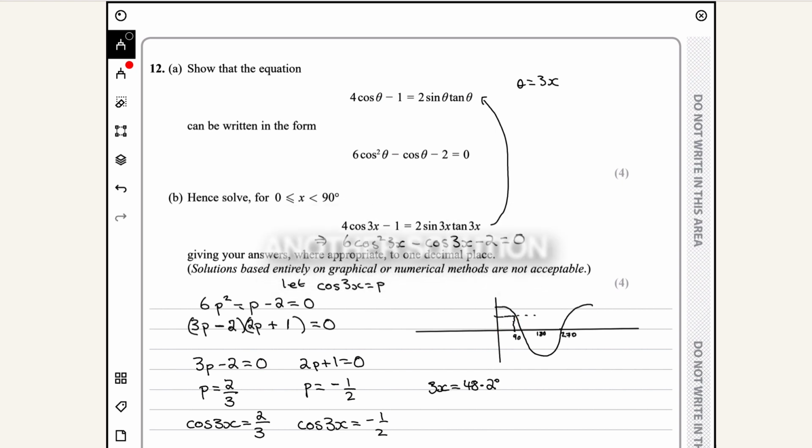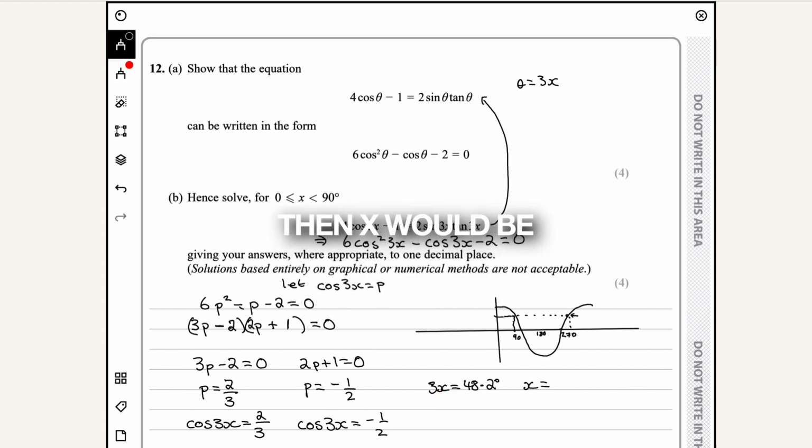I'm not going to have another solution because that's past the 270, if you see. Yeah? So only one solution for this. And if 3x is 48.2, then x would be approximately 16.1 degrees. I didn't round this in the calculator, which is why this is 0.1 here.